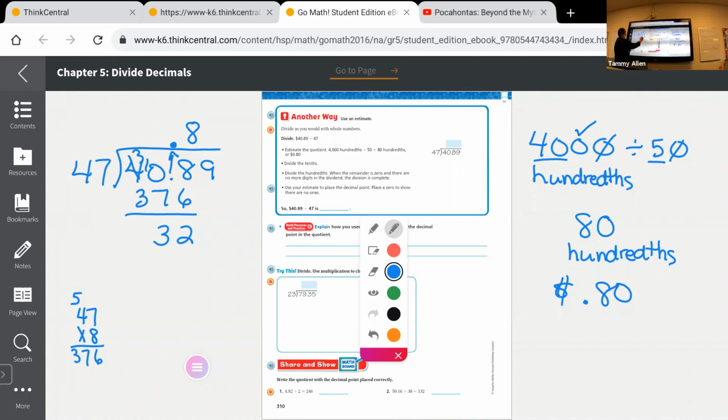We dropped down our 9. Look how close we are to what we had when we multiplied by 8. So what should we try? 7. So 47 times 7. 329.